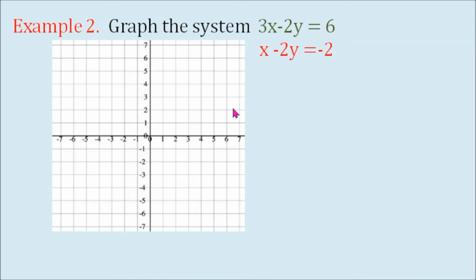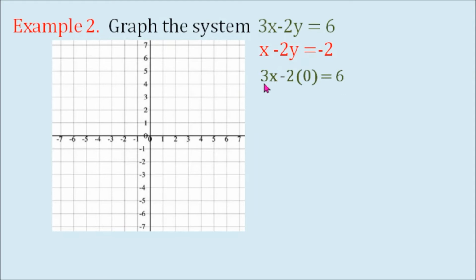Example number 2. Graph the system 3x minus 2y equals 6 and x minus 2y equals negative 2. Our equations are written in standard form. One of the techniques in graphing is using the x and y intercepts. Now let's do that.